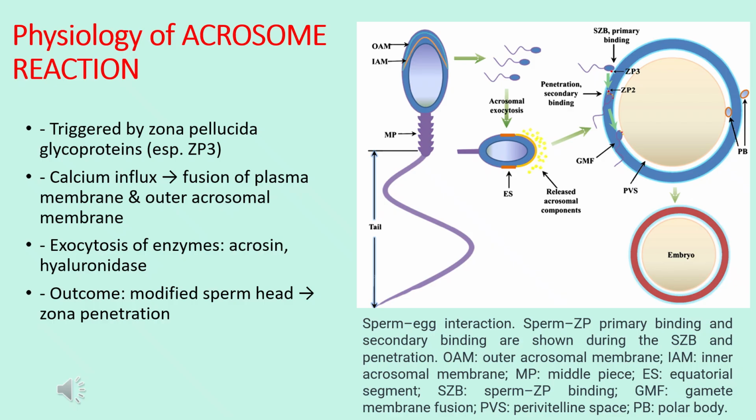Enzymes released from the sperm, for example acrosin and hyaluronidase, digest the zona, allowing entry. After zona penetration, the sperm reaches the perivitelline space, PVS. Fusion occurs between the sperm plasma membrane, post-acrosome reaction, and the oocyte plasma membrane, the oolemma.